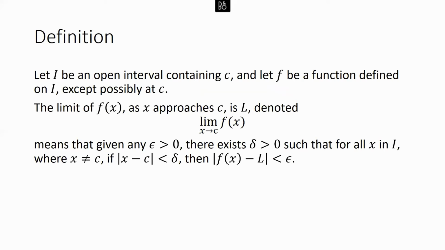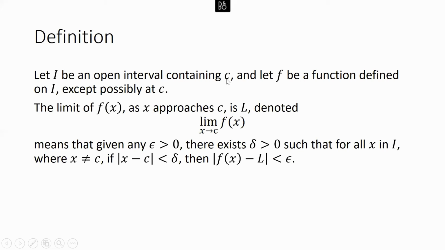So here's the actual definition for the limit of f of x as x approaches c. First off, we have to assume that we're looking at a number which we call c for constant.